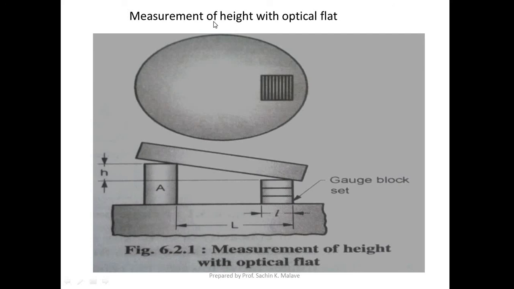If there is one dark band and another, these are two adjacent dark bands, and the distance between them is lambda by 2. So if two adjacent dark bands are seen, the height difference between the workpiece and the bottom of the optical flat is equal to 1 lambda by 2.